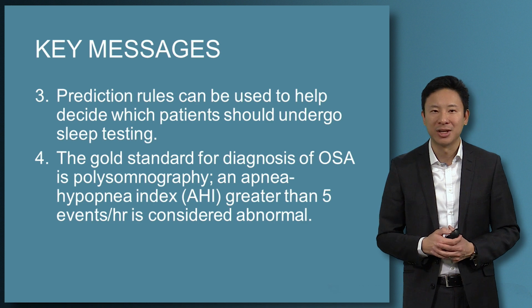Prediction rules can be used to help decide which patients should undergo sleep testing. And finally, the gold standard for diagnosis of sleep apnea is polysomnography. On a polysomnogram test, an apnea-hypopnea index greater than 5 events per hour is considered to be abnormal.